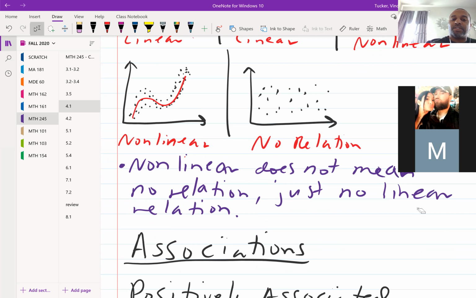That purple says nonlinear does not mean no relation, just means no linear relation. All right.